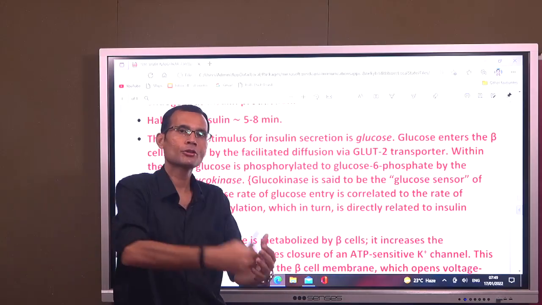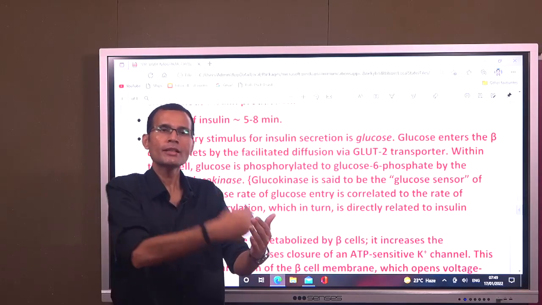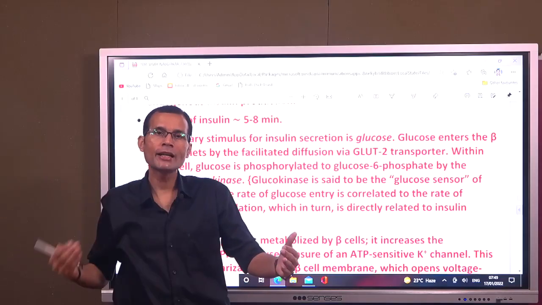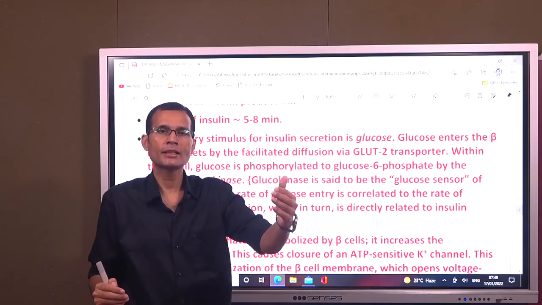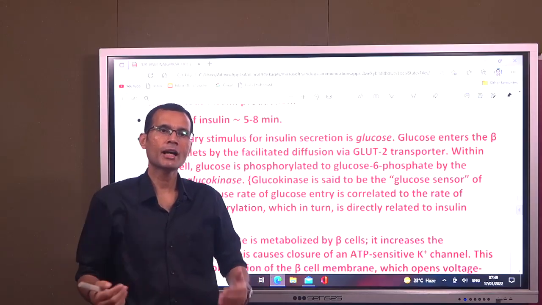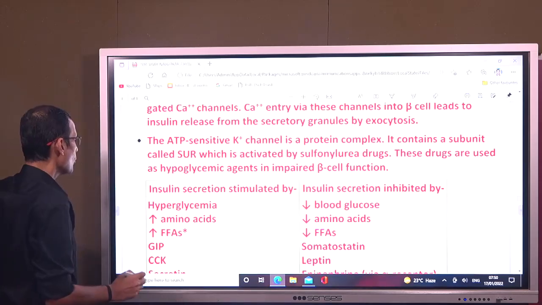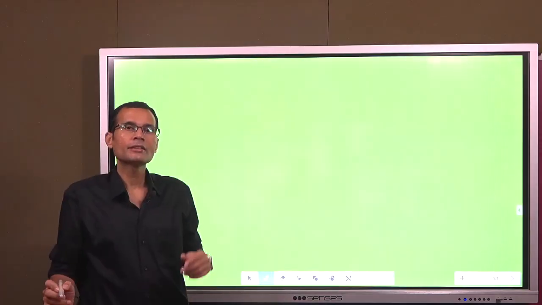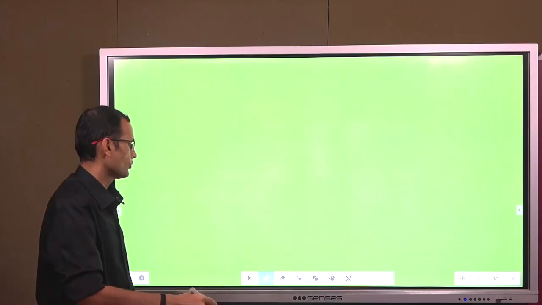Insulin is going to act on the glucose, and the plasma glucose is the one which regulates the insulin secretion. If there is hyperglycemia, insulin will be secreted; hypoglycemia, insulin will be suppressed. We will see how insulin is secreted in response to its substrate, glucose.